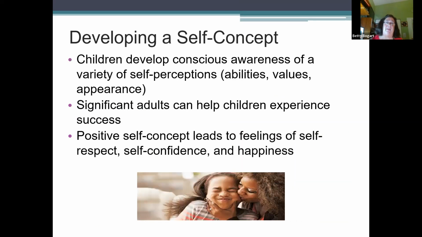Their self-concept, they're starting to be aware of what they can do, what they are able to do. And then they're being aware that, I've got pretty neat curly hair, or my freckles are cute, or I got pretty blue eyes, or the bows in my hair people like, or I'm good at math, I'm good at this, whatever. They're starting to be aware of all of these things.